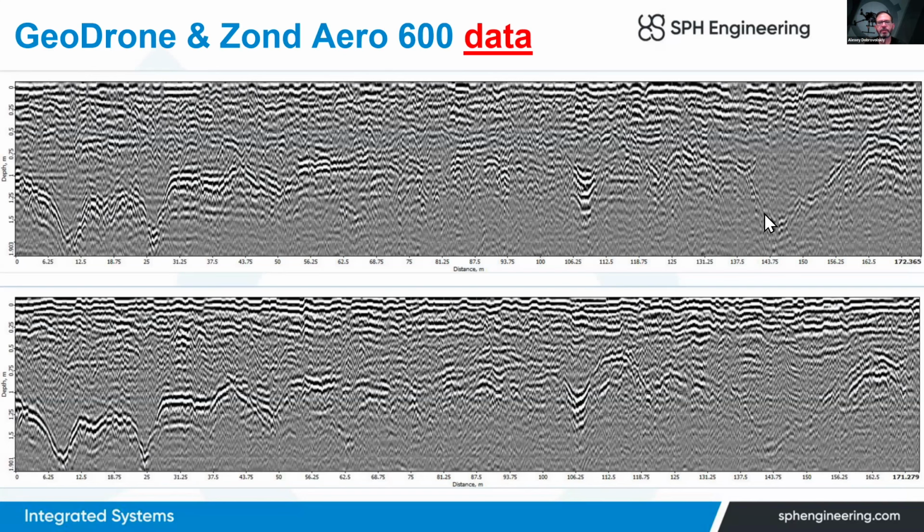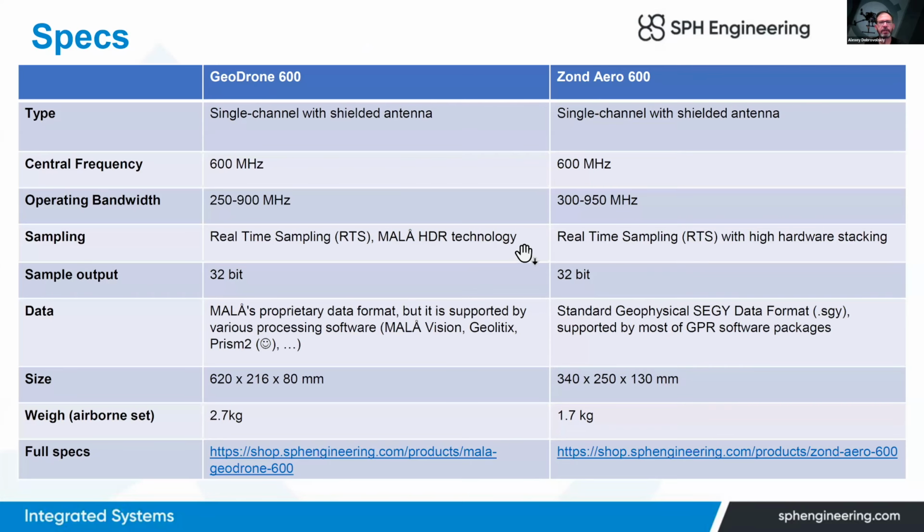Both systems use real-time sampling with a bit different marketing wording. MALÅ uses the wording MALÅ HDR technology. Radar systems use just real-time sampling with high hardware stacking. But technically, in terms of data delivery, and I suspect implementation, it is also the same or very similar.